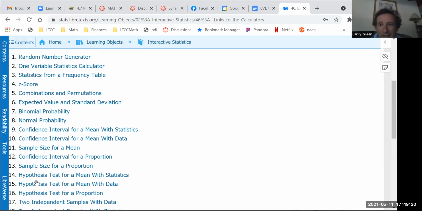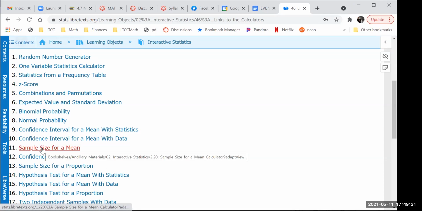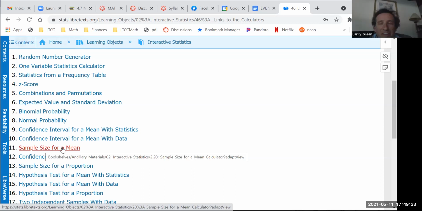The hint is we're doing things in order. Number, not 9, number 11. Number 11, we're trying to find a sample size. How many people, what is the sample size?